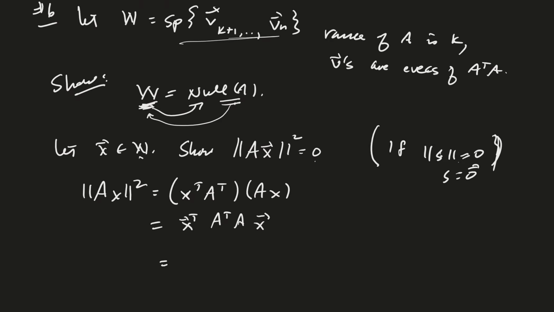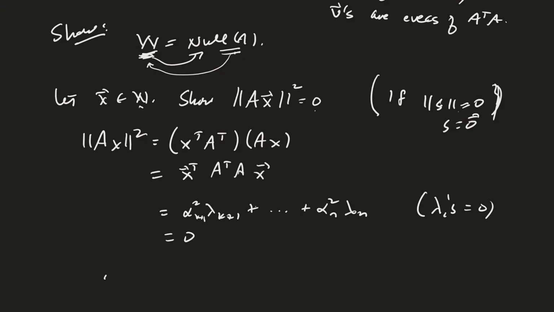So this is going to be alpha k plus 1 squared lambda k plus 1 plus up to alpha n squared lambda n. But the lambda i's are all 0, right? And so this is equal to 0. And so therefore A times x is equal to 0. Good. And so therefore x is in the null space of A. Very good.